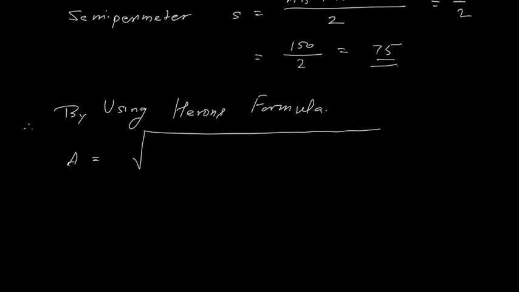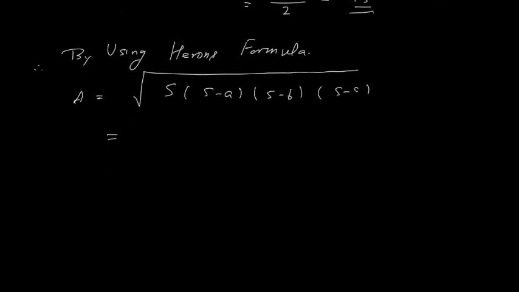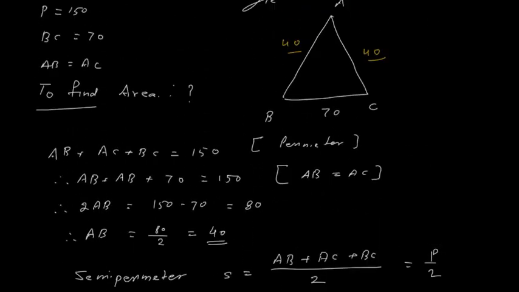Actually the formula is S into (S minus a) into (S minus b) into (S minus c). You can write the formula and then its value. So this will become: the value of S we got is 75, into, the three sides are 40, 40 and 70.